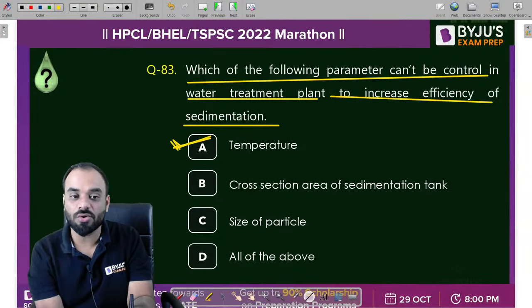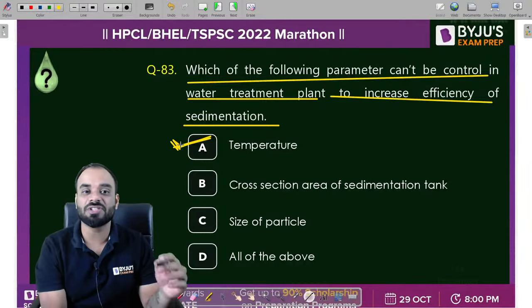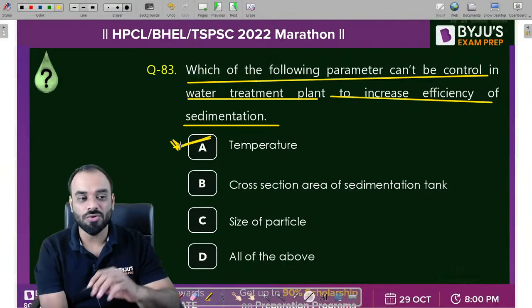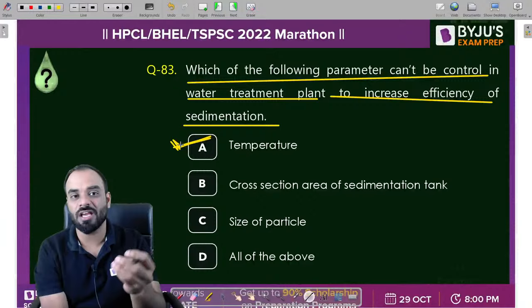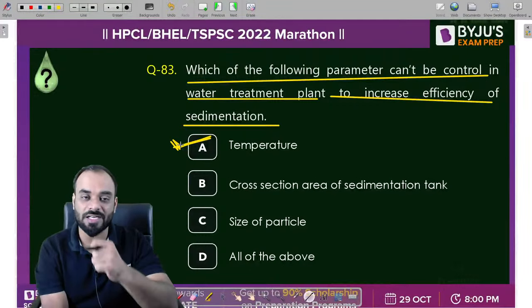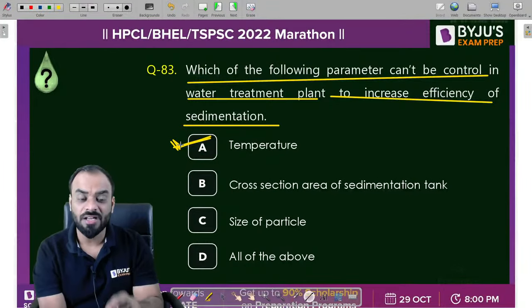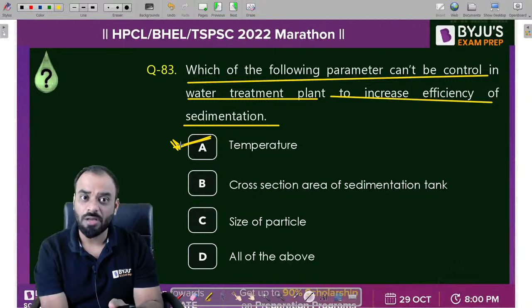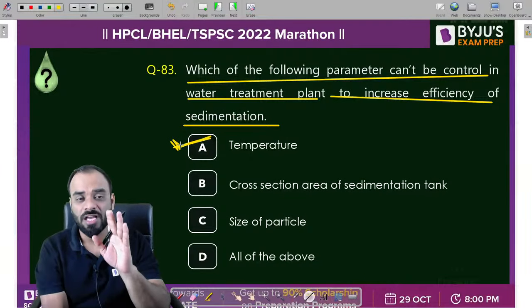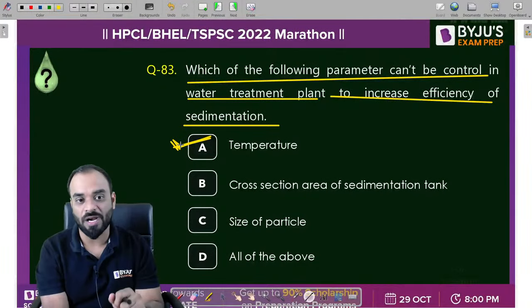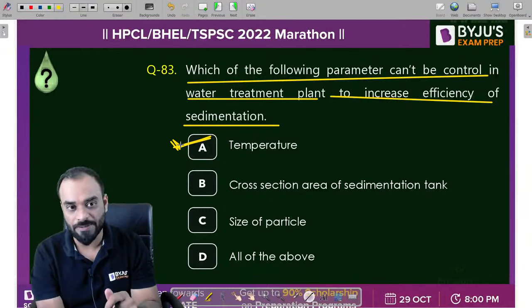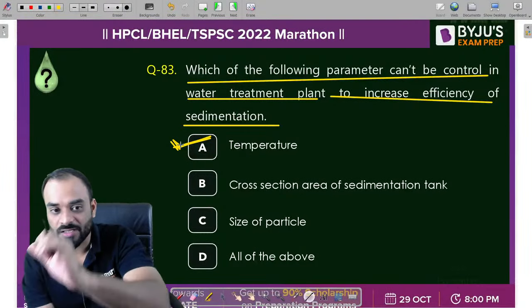We know that if we change the temperature, there is not much change in the sedimentation efficiency as well as the settling velocity of the particle, right? That's why we will not try to control it. It will affect the sedimentation efficiency as well as the settling velocity of the particle, but we are not trying to control it. That's why A is the correct answer. Next one.